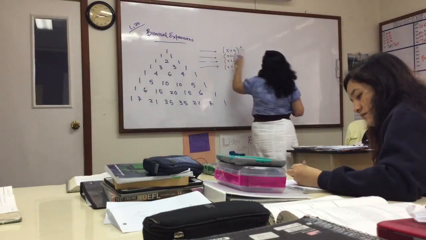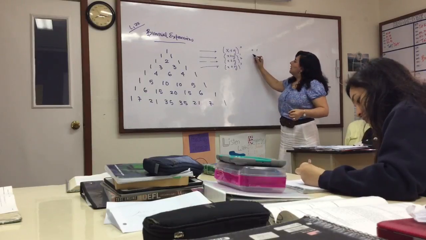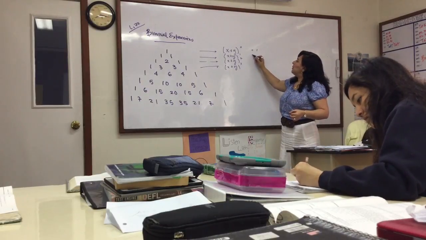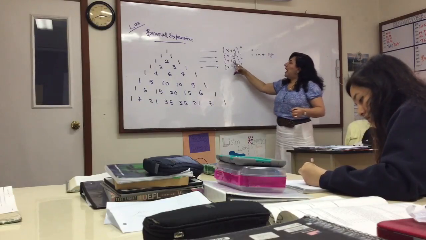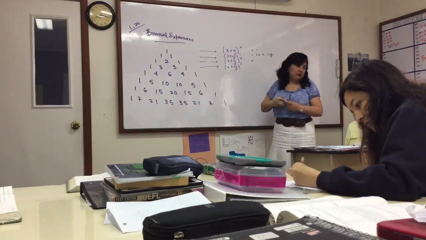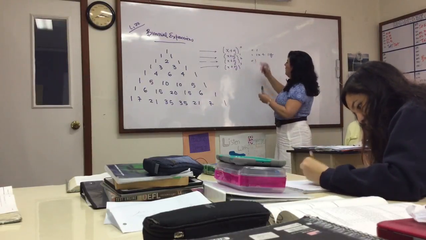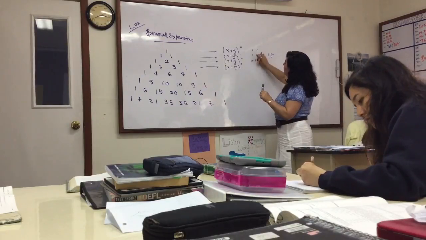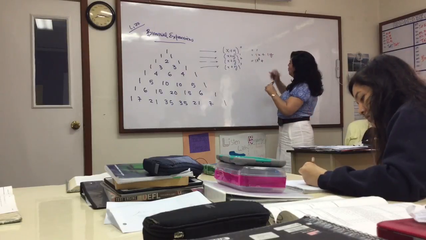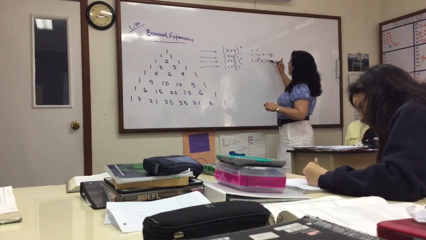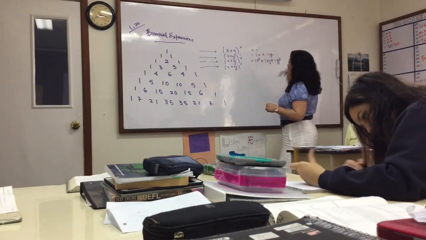So, x plus y to the 0 will equal 1, right? x plus y to the 1 is going to equal 1x plus 1y. x plus y to the 2 will equal 1x squared plus 2xy plus 1y squared, right?